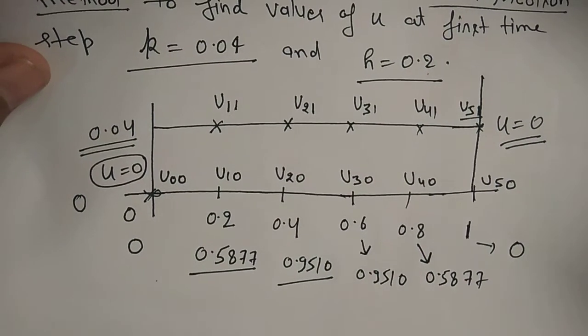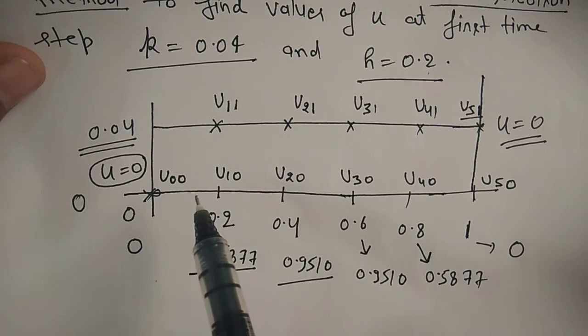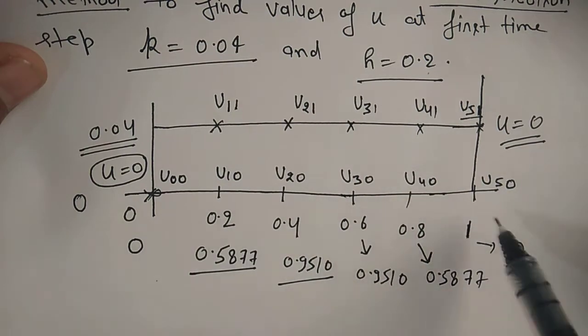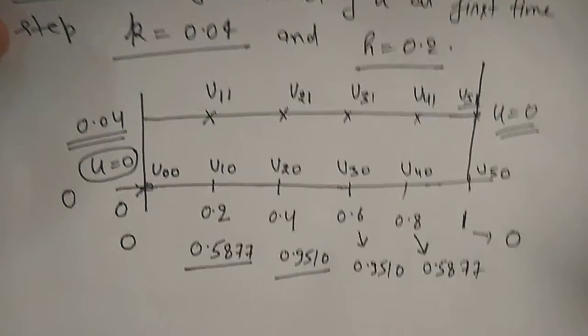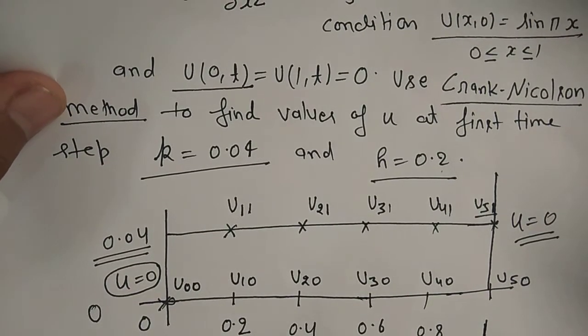So the Crank-Nicolson method is a relation between u of j level and j plus 1 level, so the 0 level and the first level. So what is the lambda here?